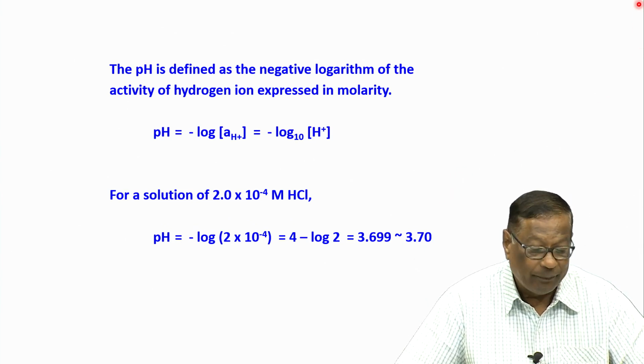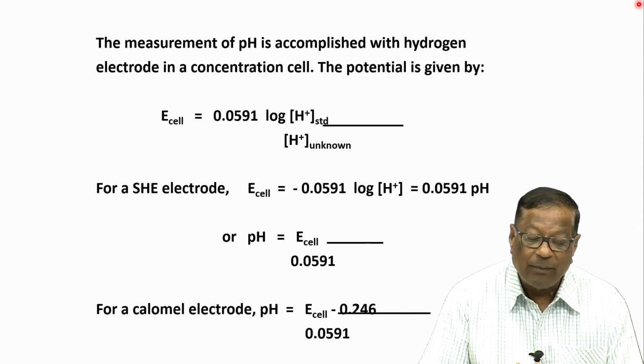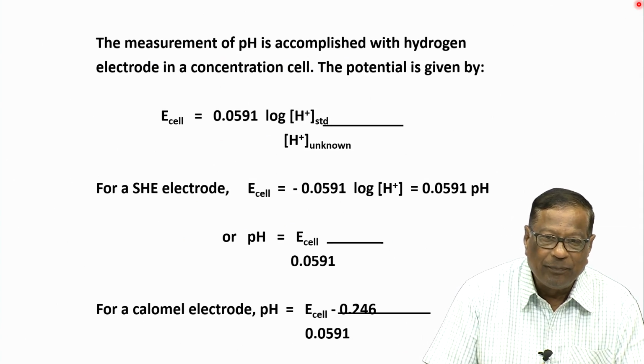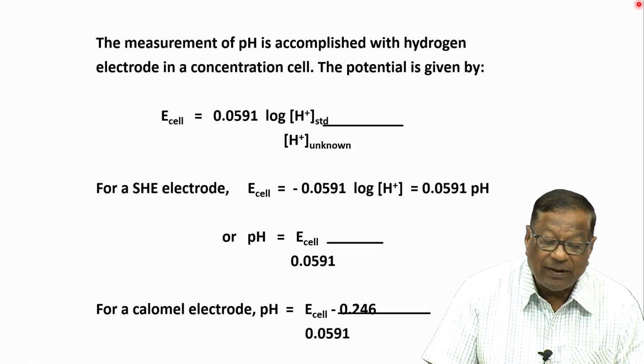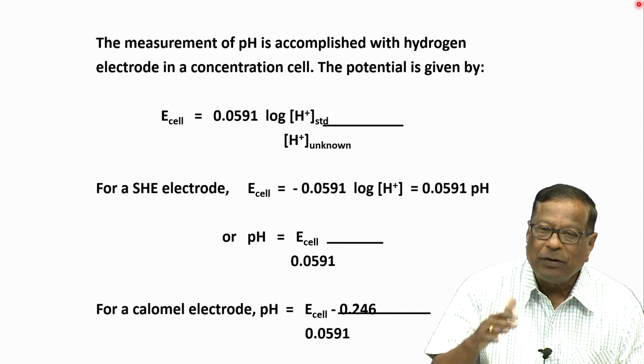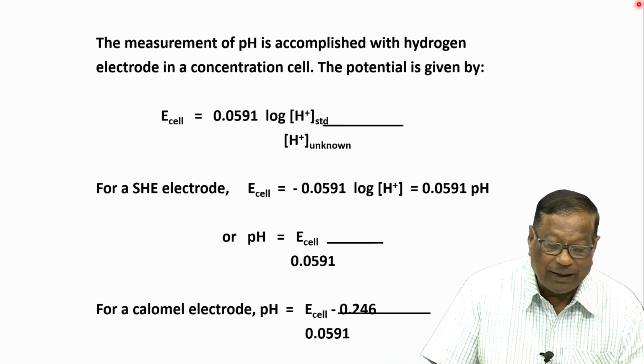Okay. Now, the measurement of pH is accomplished with a hydrogen electrode in a concentration cell. I have already explained to you the calomel electrode, then H+ buffer in contact with a glass membrane, in contact with an unknown solution, in contact with a calomel electrode.